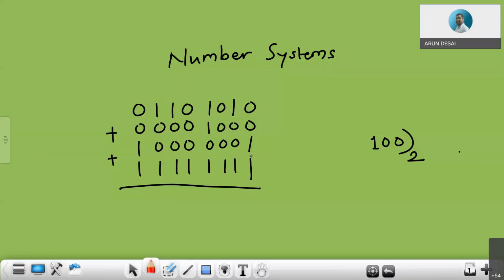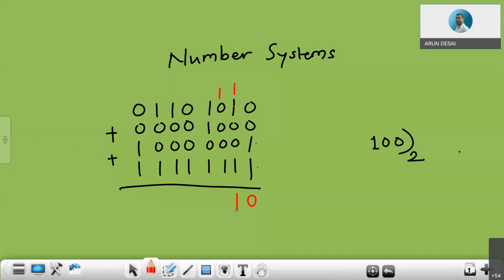How to add? 1 plus 1 is 0 with carry 1. Again, 1 plus 1 is 0 with carry 1. And 0 plus 1 is 1. Right? So carry is there.